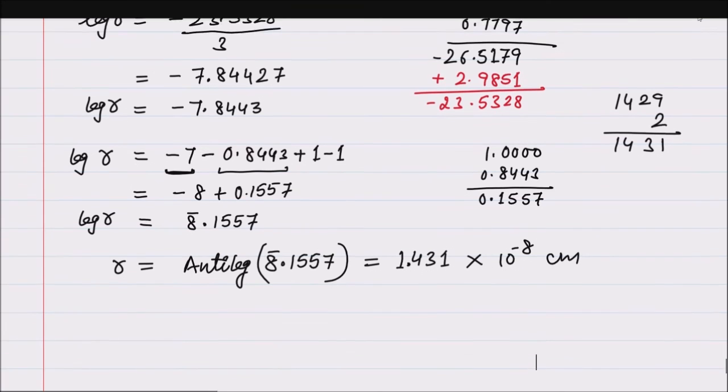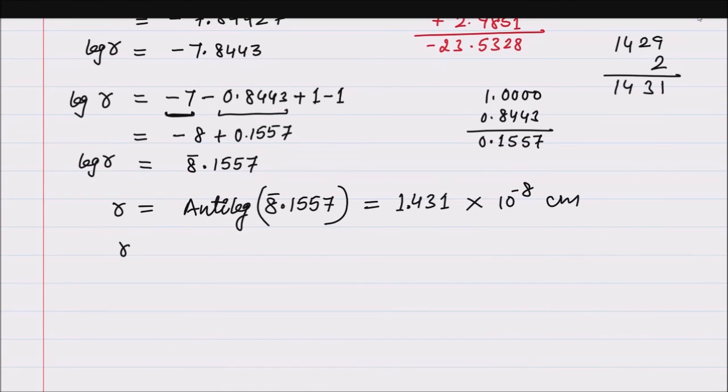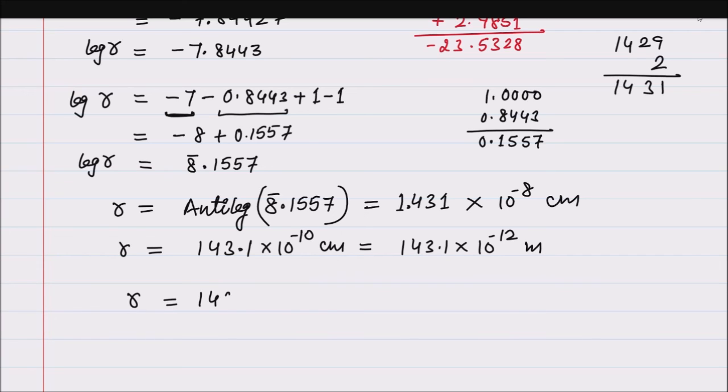Okay, so in terms of picometer, it becomes 143.1 into 10 raised to power minus 10 centimeter, that is 143.1 into 10 raised to power minus 12 meter, right? So it becomes 143.1 picometer.